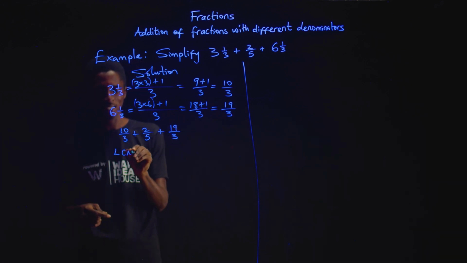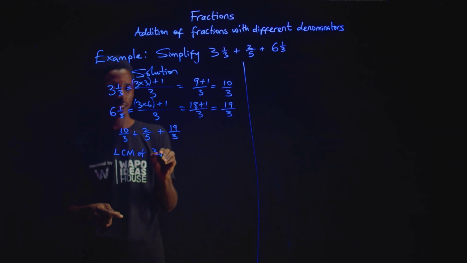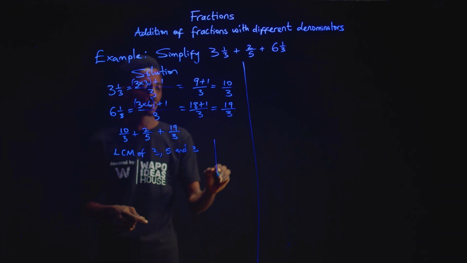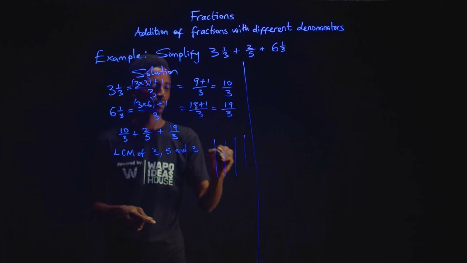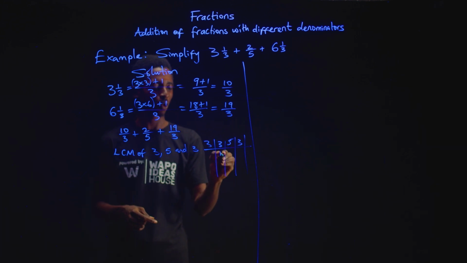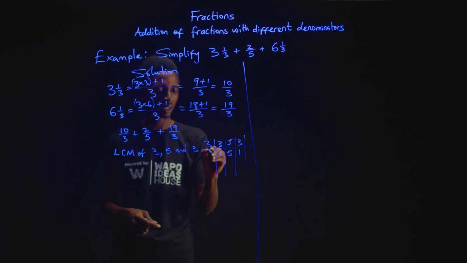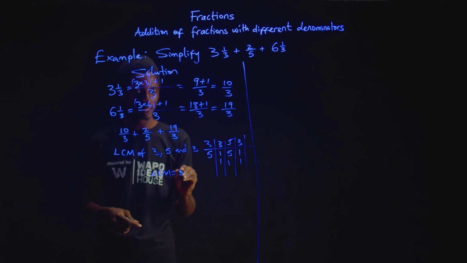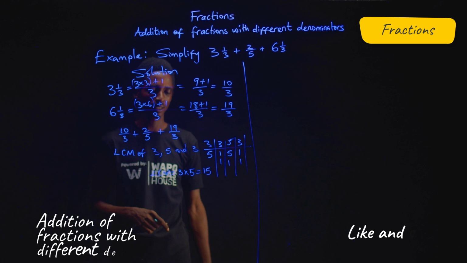That is LCM of 3, 5, and 3. 3 goes 1, 5, 1. And then 5 goes 1, 1, 1. Therefore, our LCM becomes 3 times 5, which is 15.